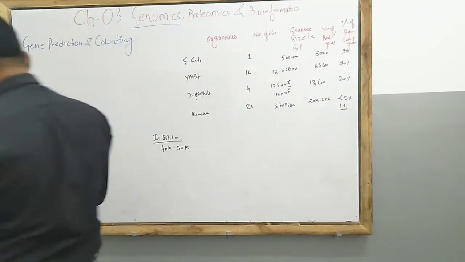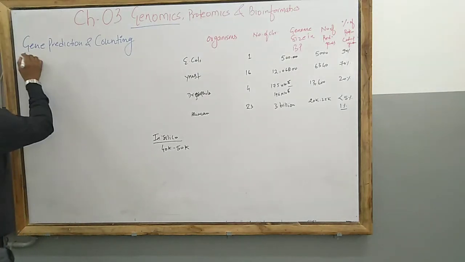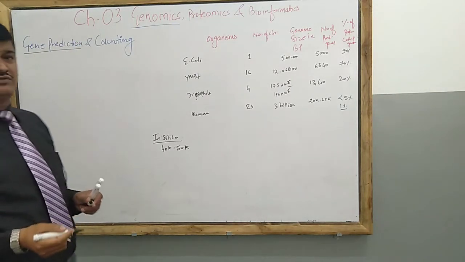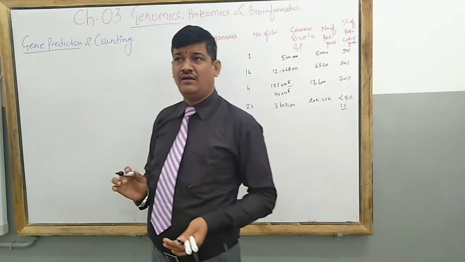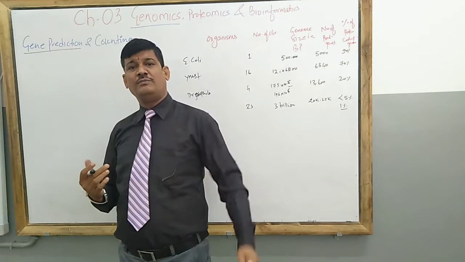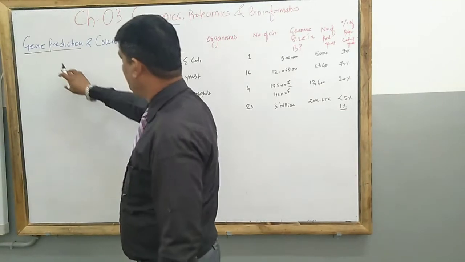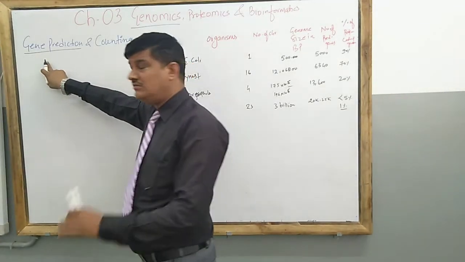Now, what is the meaning of prediction? Prediction is forecasting, or analyzing what has really happened, or what is the cause behind this gene or the genome.